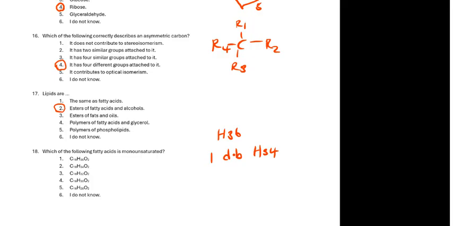But when you have two double bonds, which is di-unsaturated, you are going to have H32. Just like that, it goes on. So let's see the answer that corresponds to this one, monounsaturated, this one here, that has 34 hydrogens. So we have number 2 is the correct answer.